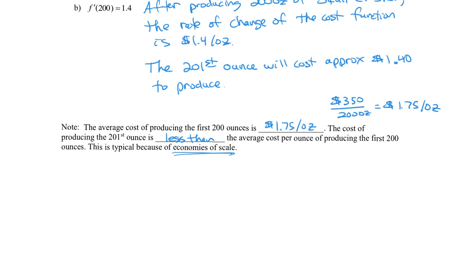Then there's one more note I need to make here, and that note is in some of the homework you may see something about average rate of change. There's a formula that you see sometimes in maybe a pre-calc class or an algebra class. Average rate of change, you can just use f of b minus f of a over b minus a.